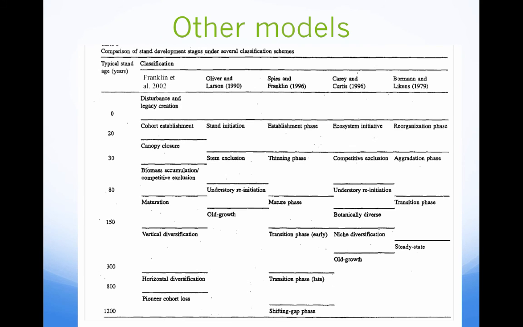They have a lot more classifications. So instead of 4 classifications, they have 1, 2, 3, 4, 5, 6, 7, 8. So they break up these classifications a lot more, especially this old growth stage. So there's multiple ways we can talk about stand development. Oliver and Larson is one of those.